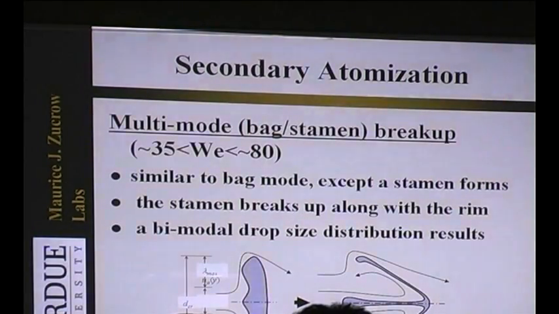You end up with large size fragments from the rim breakup and the stamen breakup, and small size fragments from the bag breakup, and a bimodal size distribution.